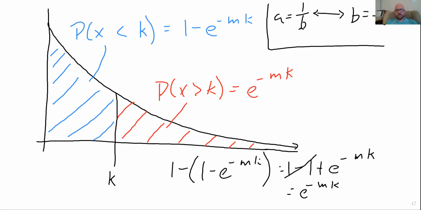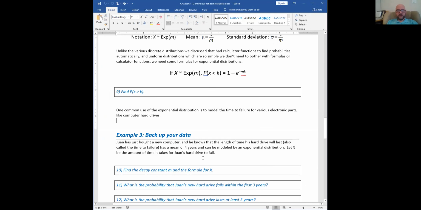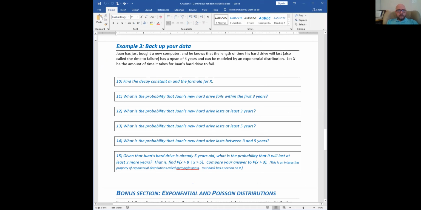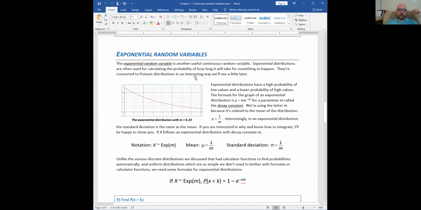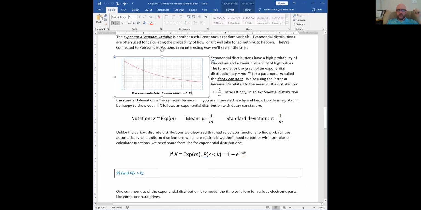So if Juan has a mean of 4, that means mu equals 4, then m equals 1/4. That's it. So the decay constant and the formula for x are actually in this picture right here. m is 0.25, has a mean of 4, so mu is 4 in this case.